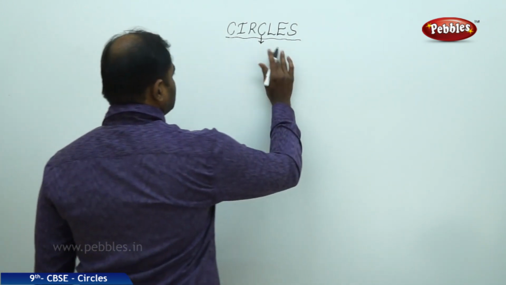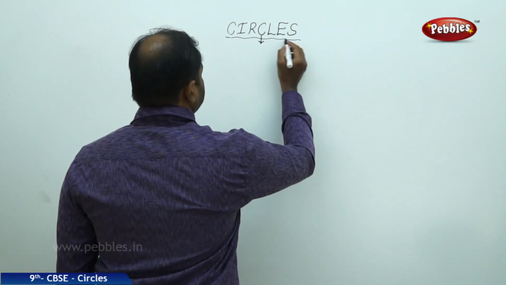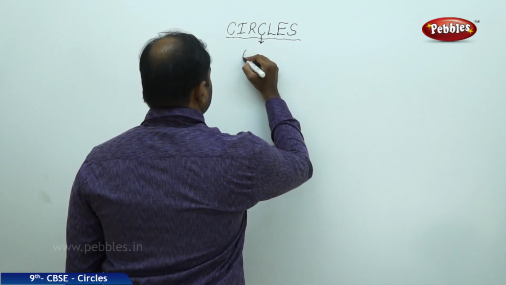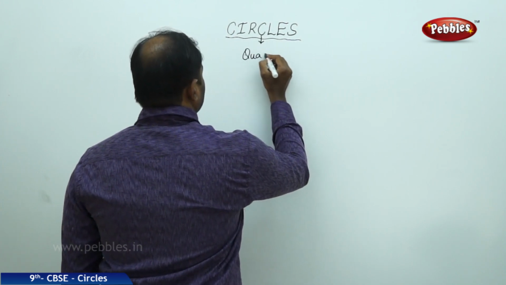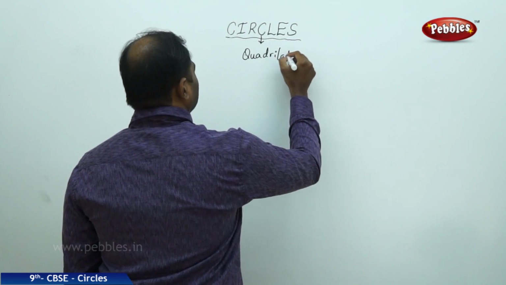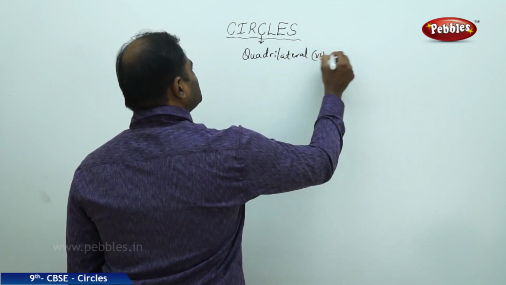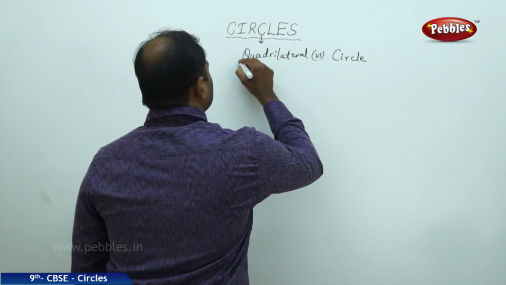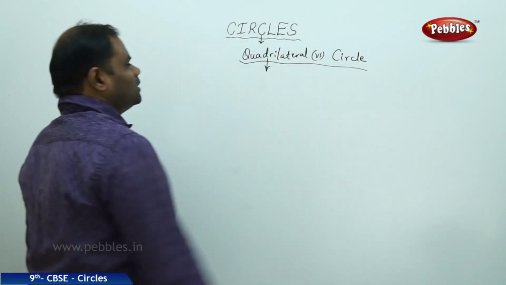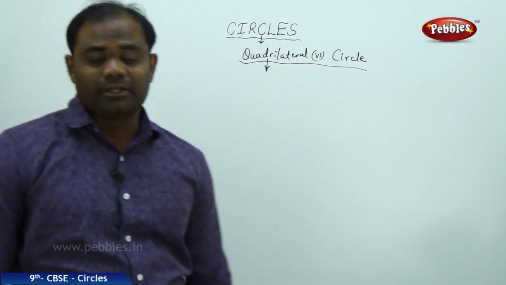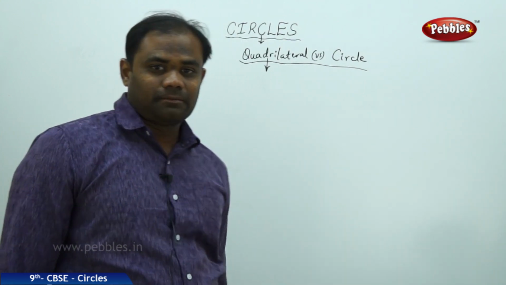Can we draw a circle passing through all the 4 vertices of the quadrilateral? That is the investigation: quadrilateral versus circle. Let's see how we can relate a circle with a quadrilateral.